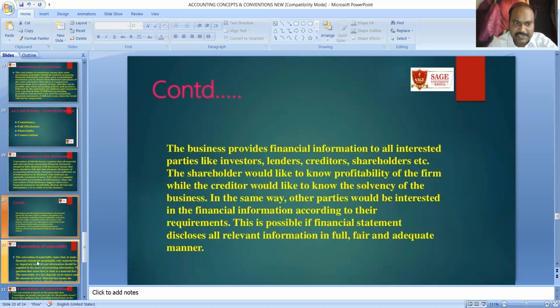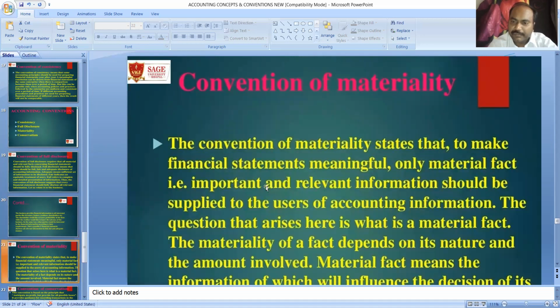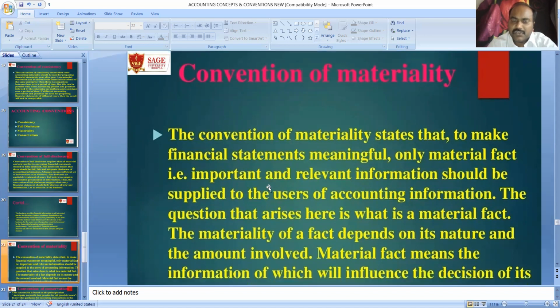And the next one is the convention of materiality. The convention of materiality states that to make financial statements meaningful, only material facts, that is important and relevant information, should be supplied to the users of accounting information. The question that arises here is, what is a material fact?